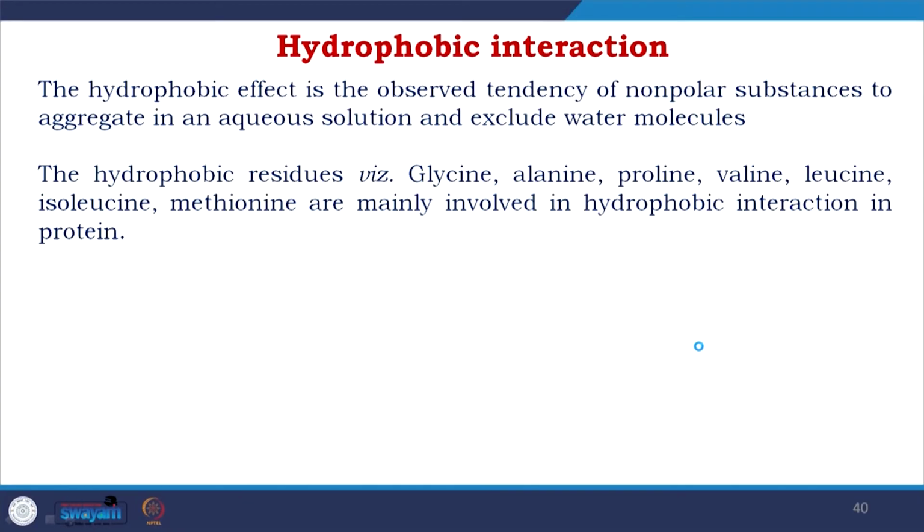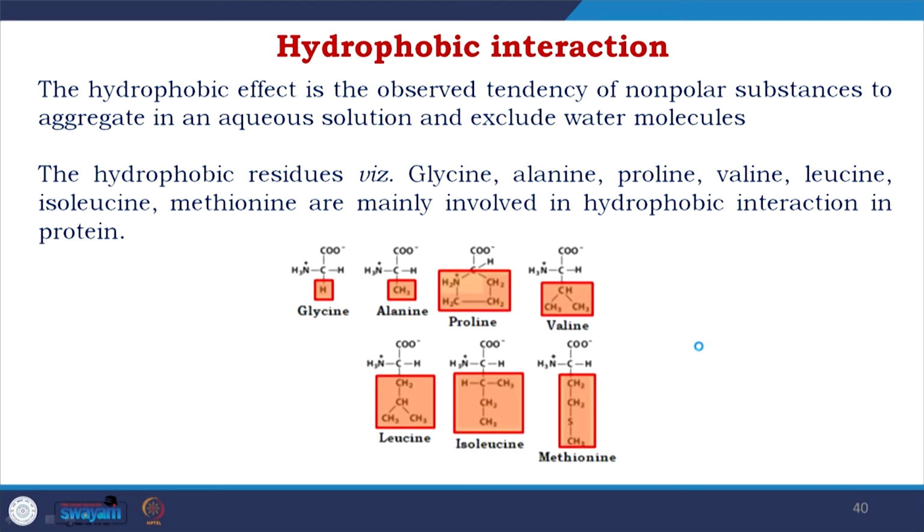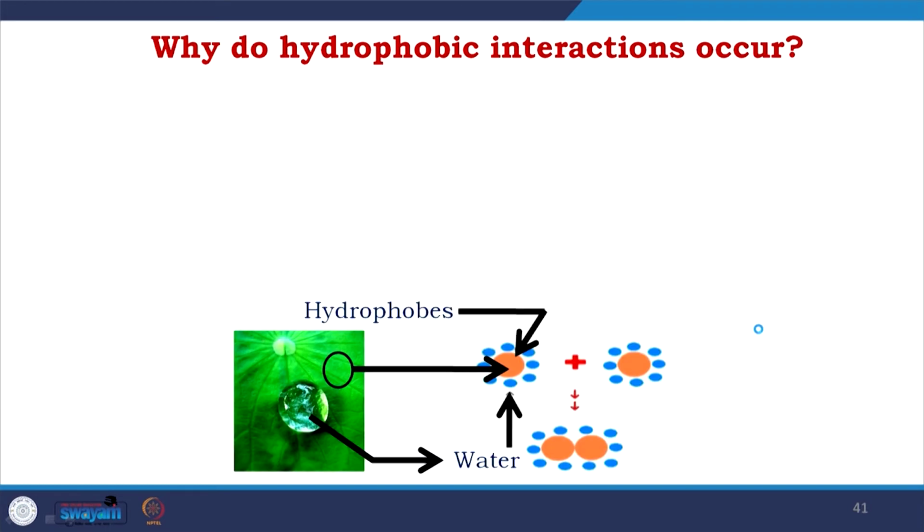The hydrophobic residues glycine, alanine, proline, valine, leucine, isoleucine, methionine are mainly involved in hydrophobic interaction in proteins. So, these are the given amino acids, but in addition to that phenylalanine is also there. So, they provide hydrophobicity to the protein molecule.